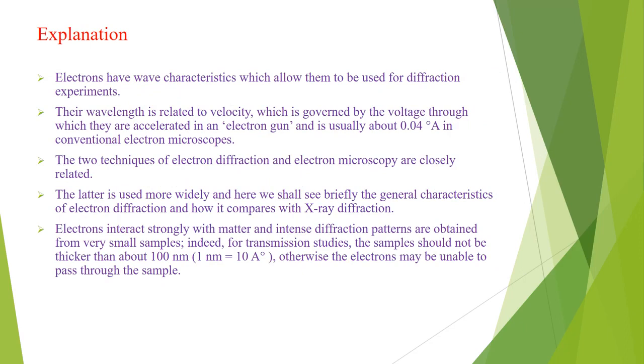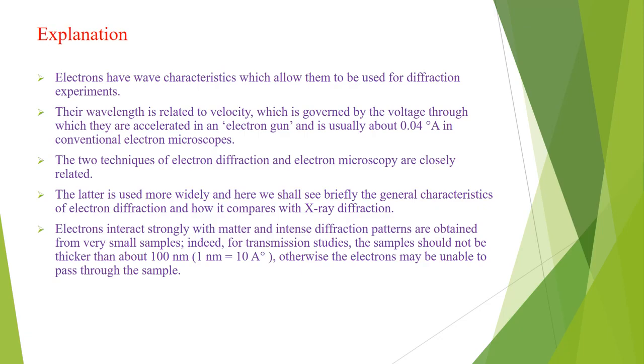In explanation of this technique, electrons have wave characteristics which allow them to be used for diffraction experiments. Their wavelength is related to velocity, which is governed by the voltage through which they are accelerated in an electron gun, and is usually about 0.04 angstrom in conventional electron microscopes.